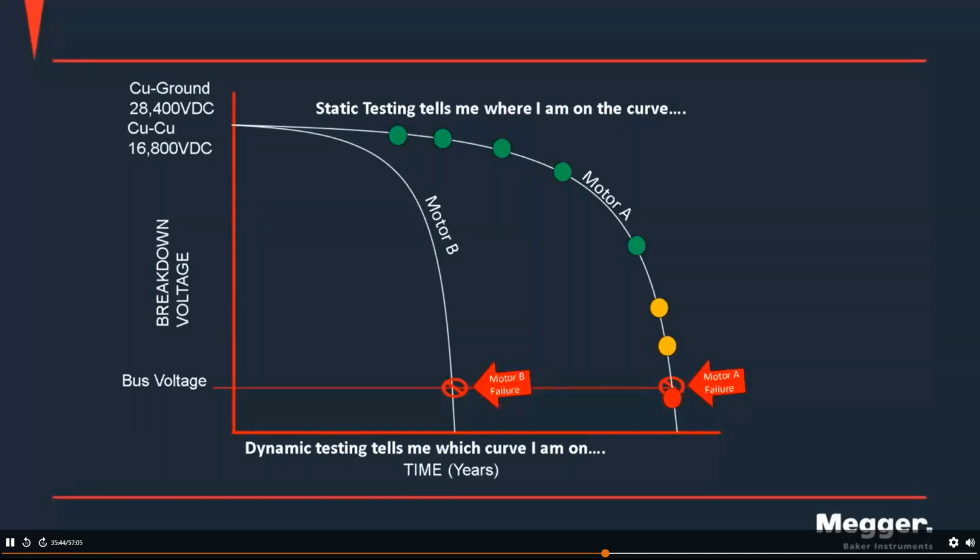And, of course, next outage, we're going to get a filtering system, but my insulation is degrading more rapidly. I need to respond to that differently than a motor A situation, and that motor that's running at 80% load that only starts one time a year and is in a nice, clean environment. So again, dynamic testing helps me understand severity of my environment so that I can respond to that condition as well.